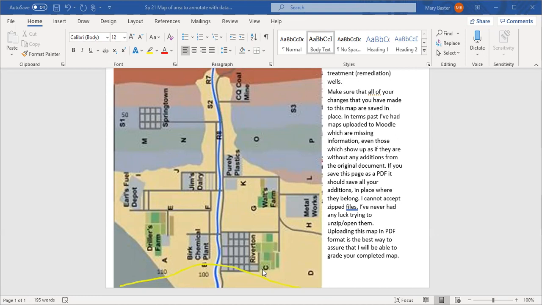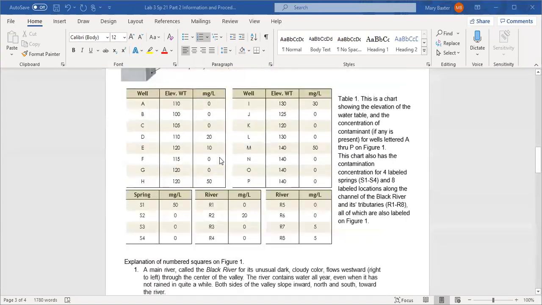Like, let's say C is 105. We could go back and look and see what it is. Go back up to this data. Yep, I'm remembering correctly. B was 100. That's the one that the yellow line, I've already put one contour line on there for the 100-foot height. A is 110, C is 105, and D is 110.